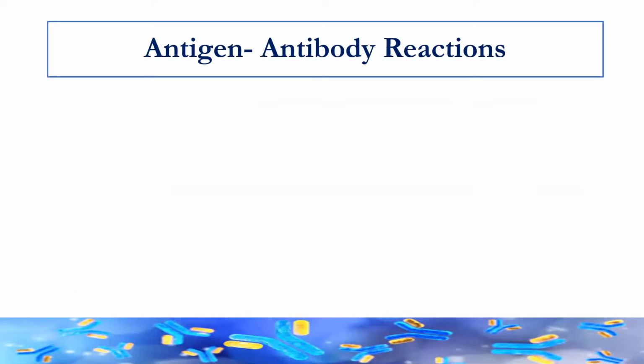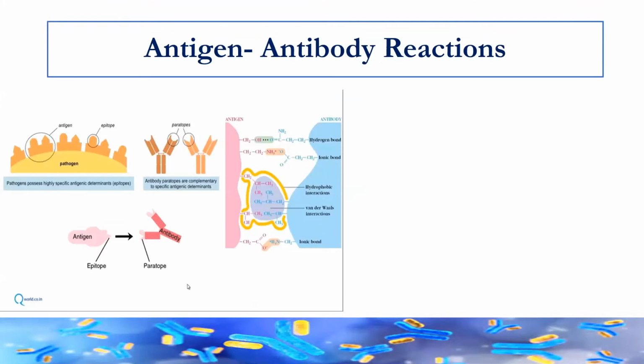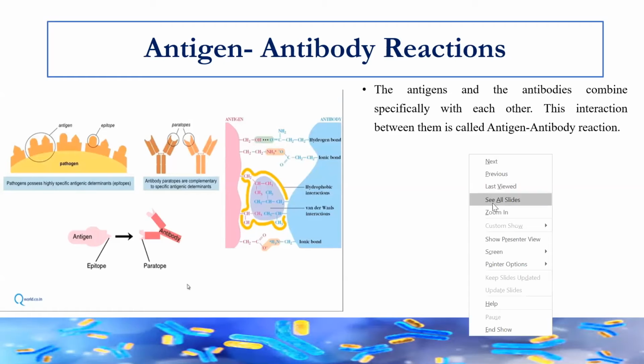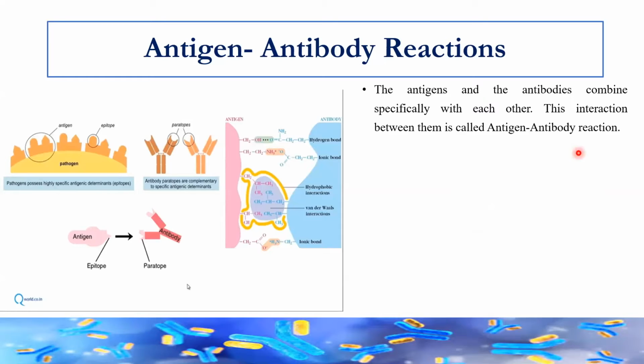Now, let us talk about what we mean by antigen antibody reactions. Basically, the antigens and the antibodies combine specifically with each other, and this interaction between them is called antigen antibody reaction.